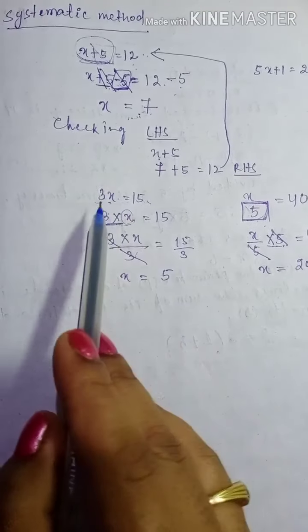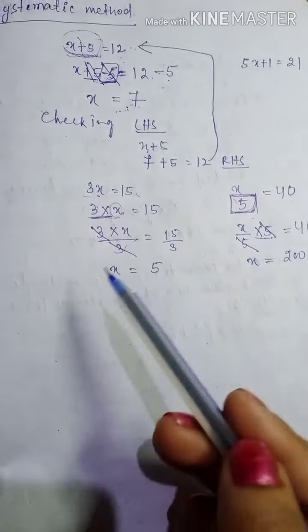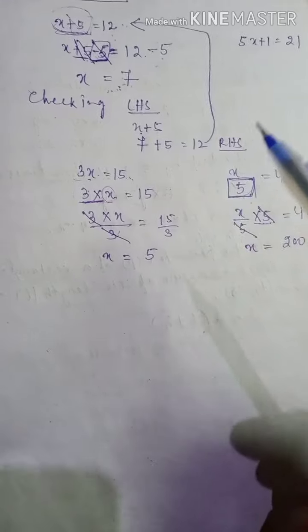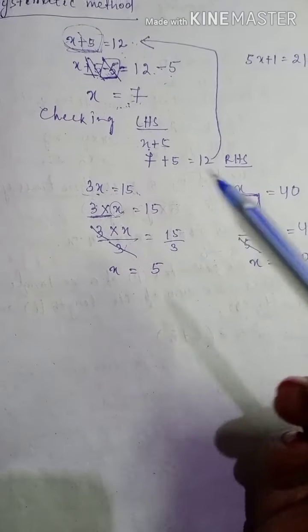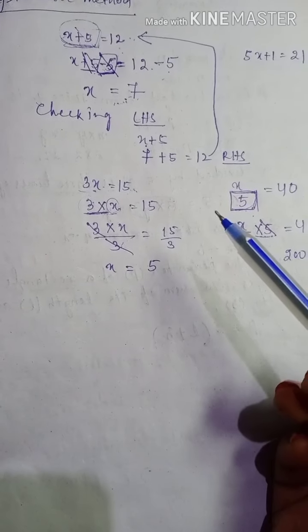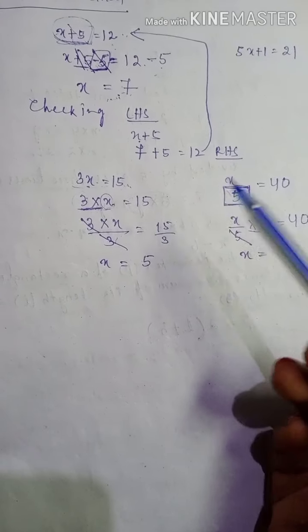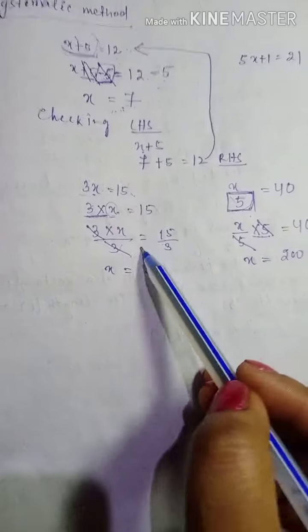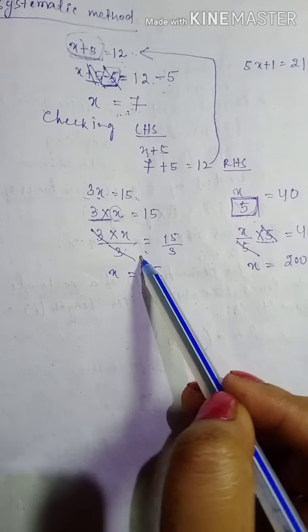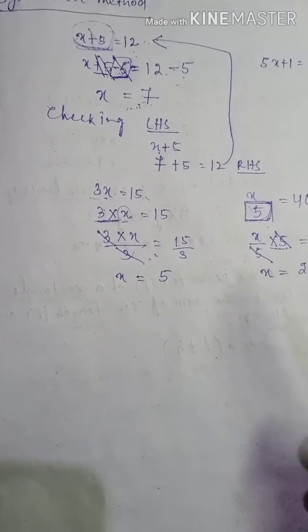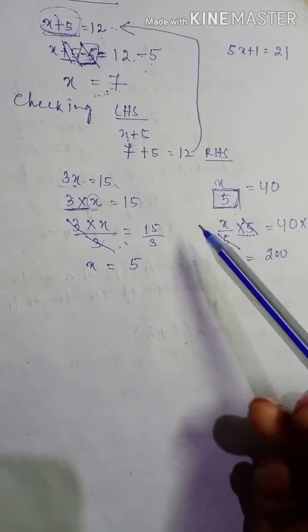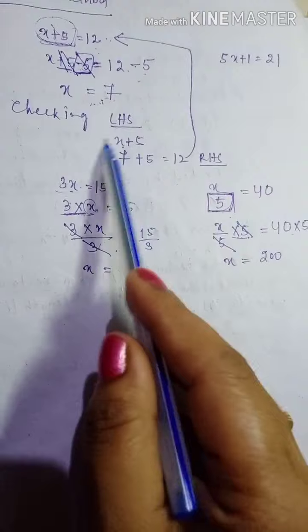Then in this form, we should try to remove the numbers to get the simple variables by adding, subtracting, multiplying or dividing as suitable, which is needed in this equation. But we should put the inverse form of that number, the opposite form of that number, then we get the value of variables. So let's see what happens here.